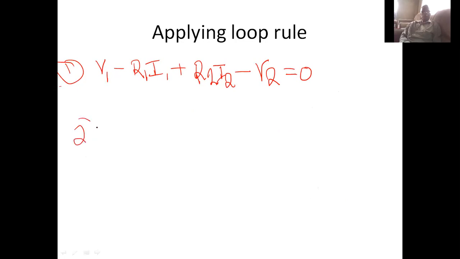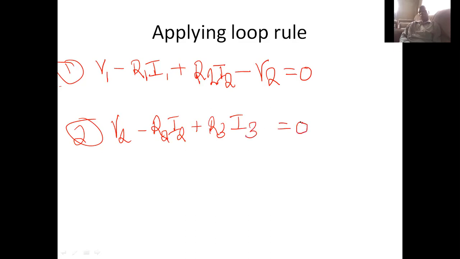For loop number 2, we said voltage number 2, and this one is the same direction as the current. Resistor 2 multiplied by current 2, and then plus resistor 3 multiplied by current 3 should be equal to 0.